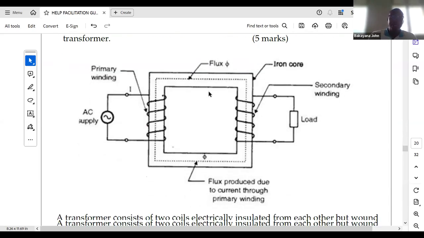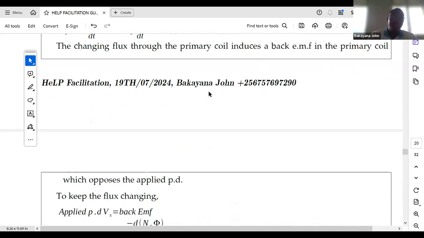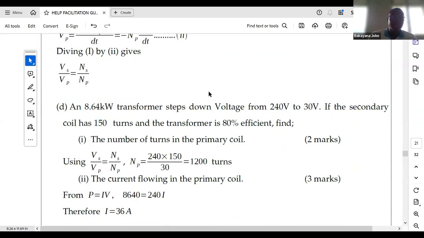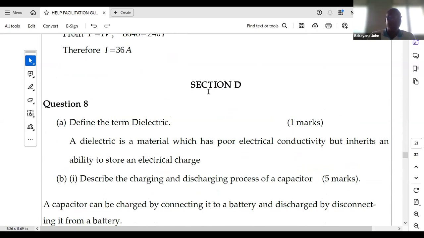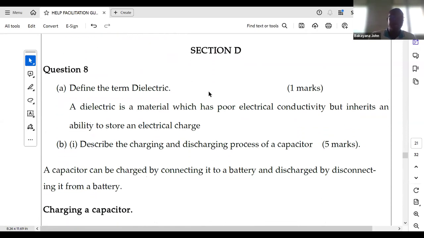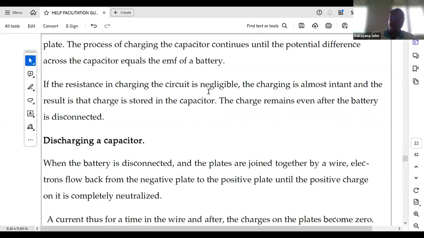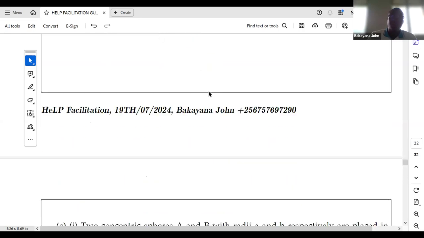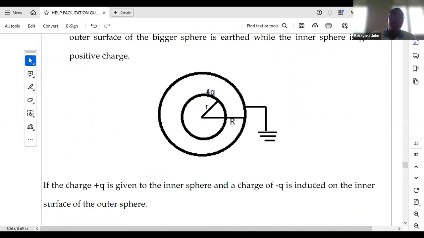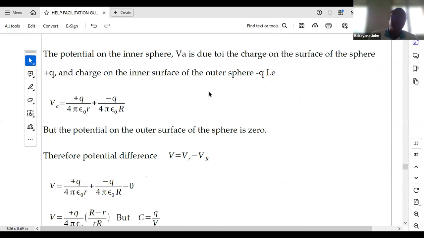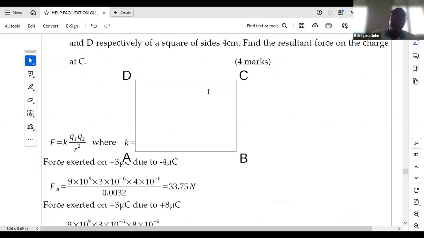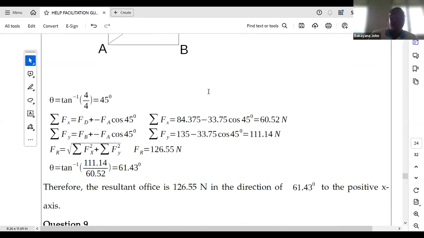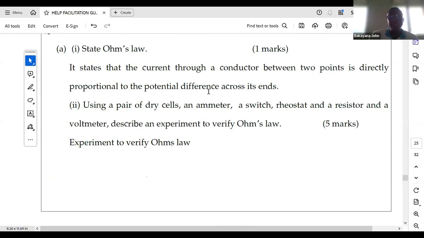Okay, we had a lot. We had section C, that is AC circuits. We had section D, the current electricity, charging and discharging of a capacitor. So I want to take us through the current electricity as well.